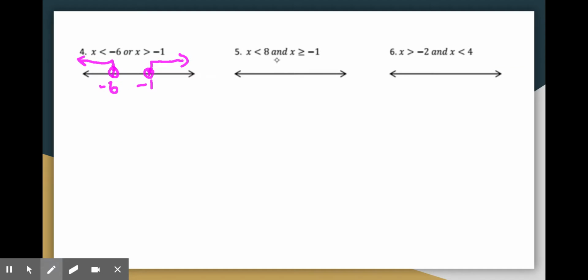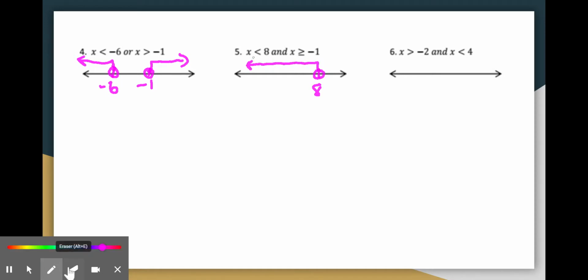Okay? And then here we have x is less than 8. So let's put the 8. We're going to put an open circle and draw to the left. Okay, and then I'll do it in another color just so we can see it. We have x is greater than or equal to negative 1. We would put a closed circle and draw to the right.